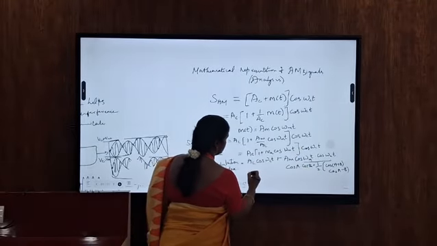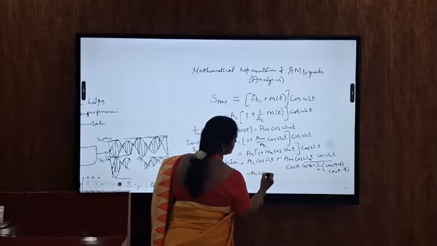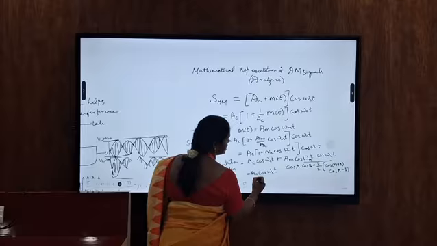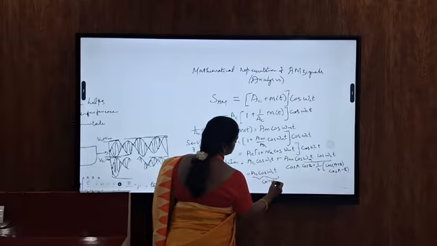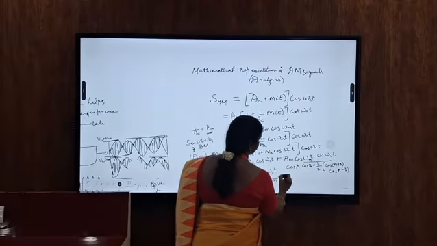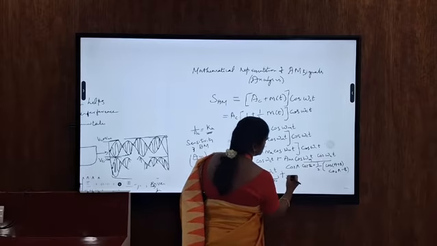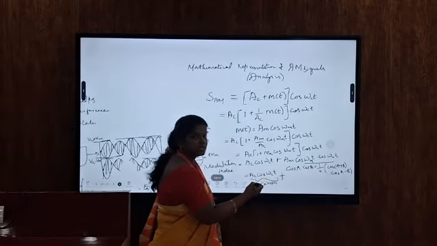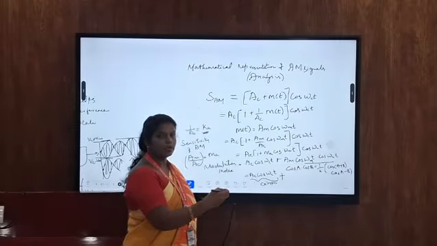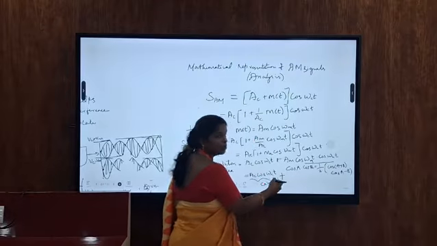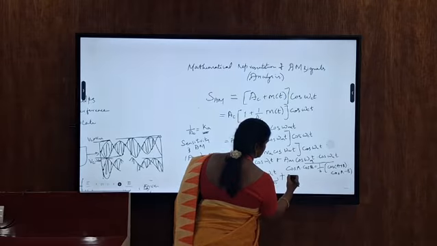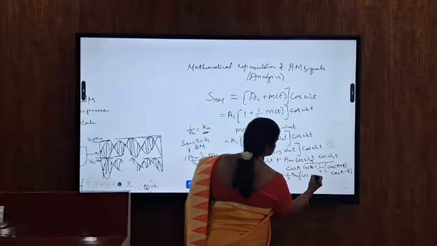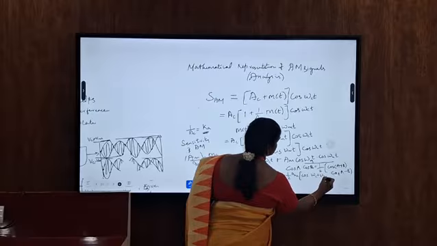Here Ac cos omega c t is nothing but the carrier information, and the remaining terms are the side bands. Side bands always form when you are transmitting signals with the high frequency carrier in accordance with the modulating information. So we get here half into Am cos of omega c plus omega m into t.